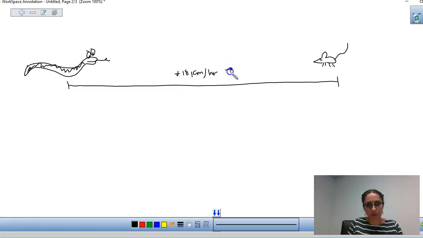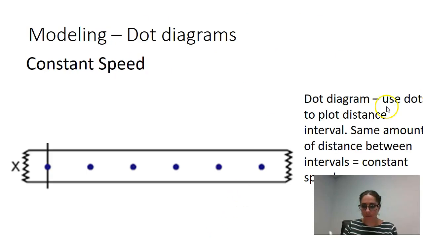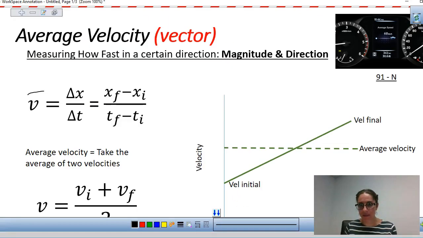In other words, this thing is moving toward it, so positive meaning toward our mouse here. After 2.5 seconds, it realizes that its prey can move faster than it can and turns around slowly. Okay, so you can see already that I drew this wrong because it says it doesn't actually reach it. Oops, sorry.